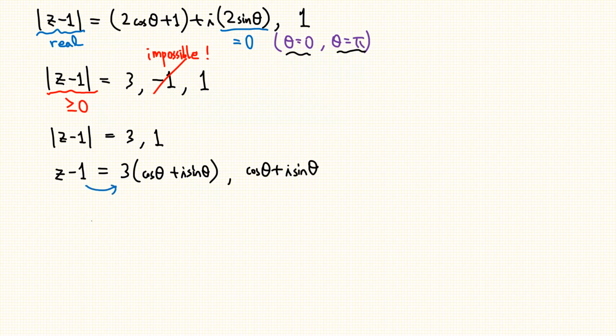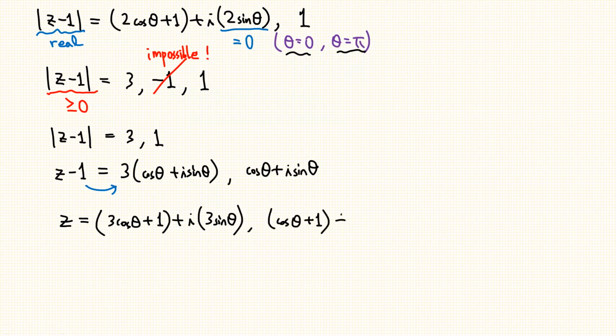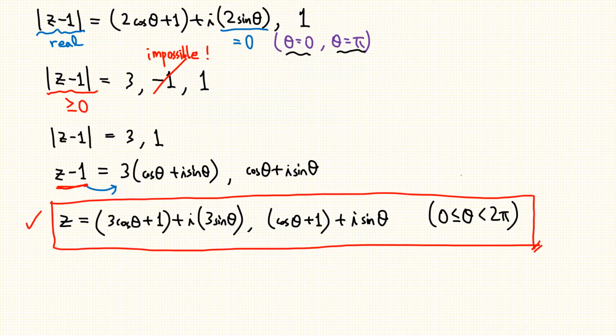Therefore, if we move this 1 to the right hand side, we have z equals 3 cosine theta plus 1 plus i 3 sine theta, or cosine theta plus 1 plus i sine theta. Here, the left hand side is no longer limited to real values, so all of these values are valid answers. Therefore, this is the complex solution to the given equation. As you can see, we now have an infinite number of roots.